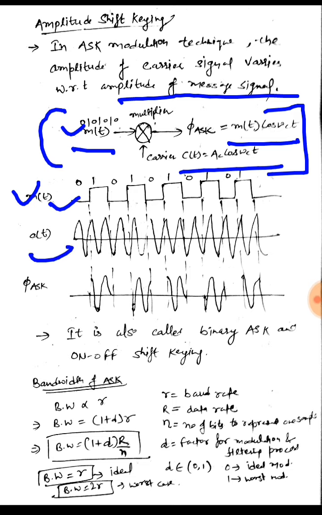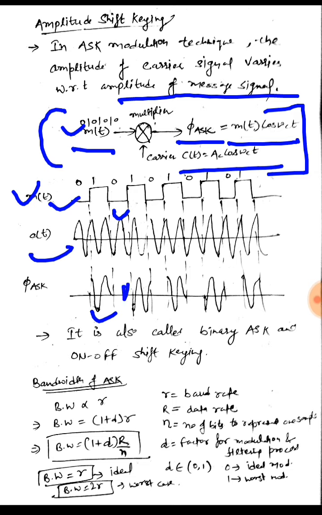If c(t) is our carrier signal, which is a continuous analog signal, in this case cos omega_c t, now if we multiply both the signals, m(t) and c(t), using a multiplier, we would get the amplitude shift keying version of the wave. As you can see, when the message signal is high, we get the carrier wave, and if the message signal is 0, we get nothing at this instant.